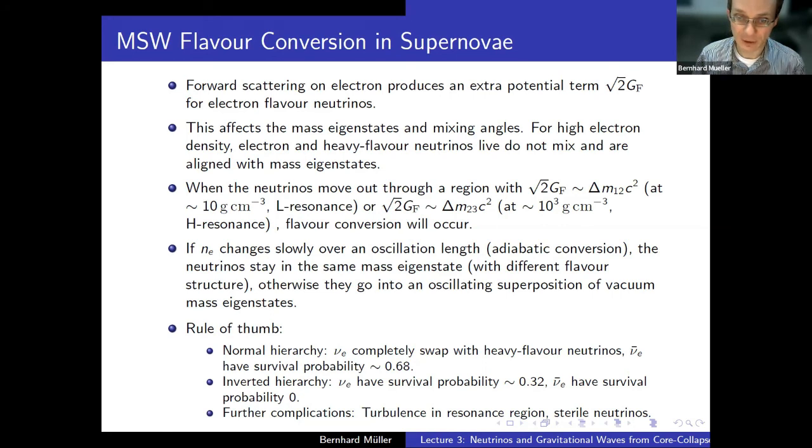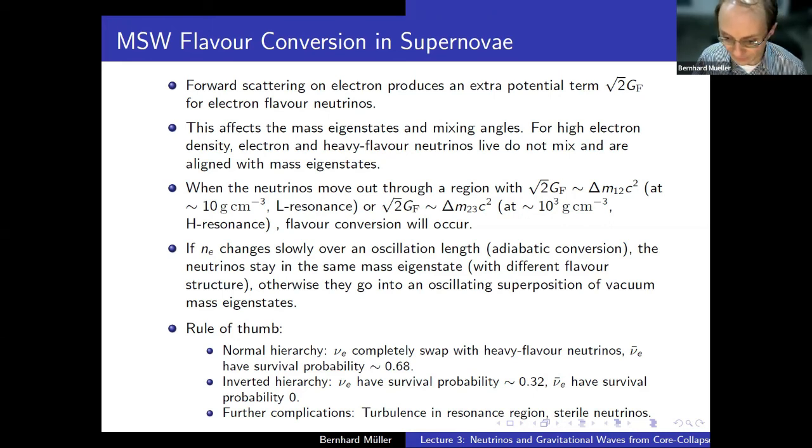But I'll just put down some rough rules of thumb of how the flavor conversion through the MSW effect will unfold. It depends very much on the neutrino mass hierarchy. For a normal mass hierarchy, electron neutrinos at the source will completely swap into heavy flavor neutrinos, and the ν̄_e will survive with a probability of 0.68 in the ν̄_e flavor state.